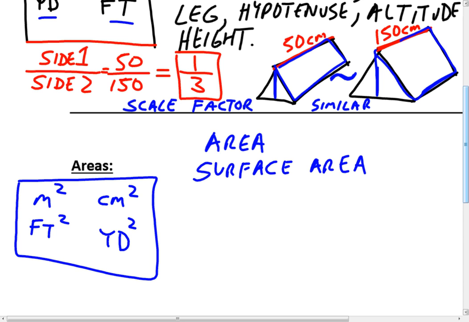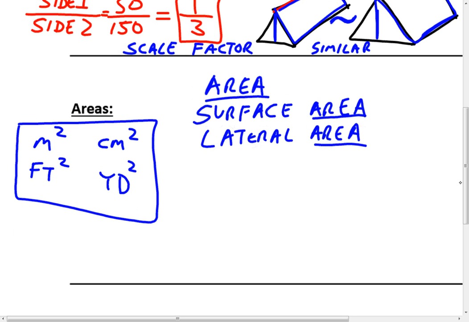What else? Lateral area? Anything that mentions the word area, we cannot look at the scale factor because we're squaring things. But we can use the scale factor to help us find the ratio we want.